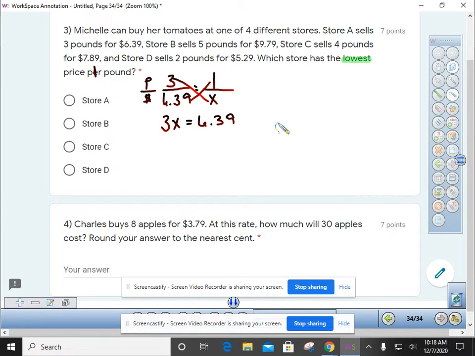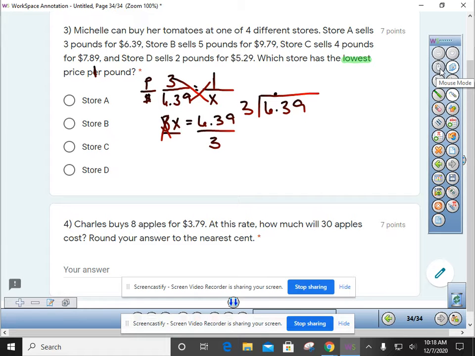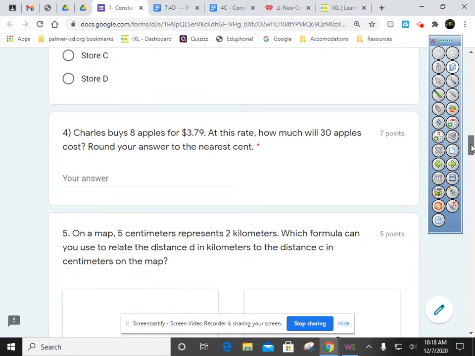There should be 4 division problems on your paper. And then you pick which one is the lowest. So you divide this by 3. It goes away. I'm even writing it out for you. Work it out. 4 division problems. Again, if you need to pause the video, pause the video.